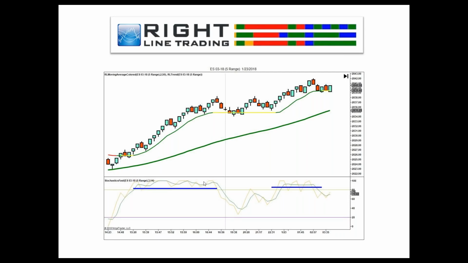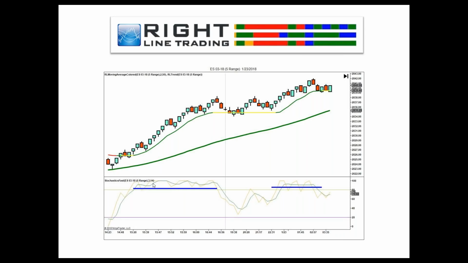Anytime the stochastic is overbought, it will stay green. Anytime the stochastic is oversold, it will stay red. Because we don't like to trade divergence signals. So when we're overbought on two higher time frames, we believe the bulls are in firm control of the market.